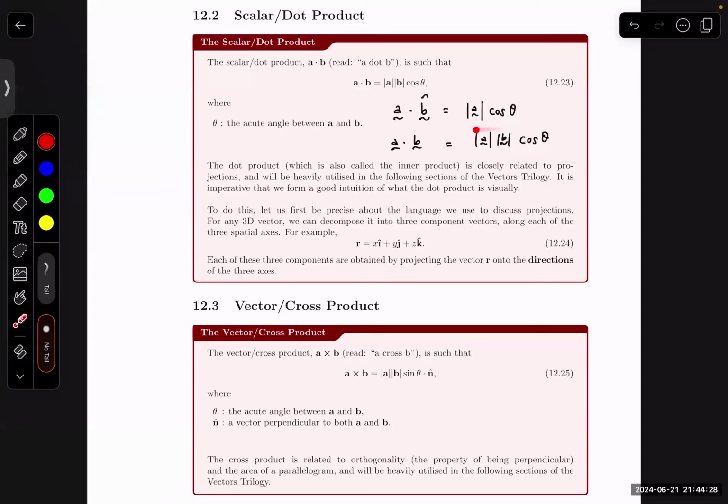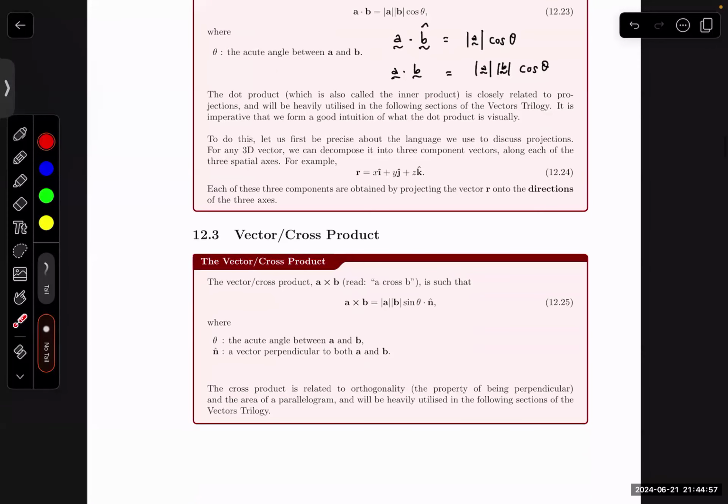This one is a formula that usually people memorize. It's not very helpful in terms of understanding. So I will use these two interchangeably. Just know that my way of explaining this is using the first way, but the second way is obtained just by multiplying the modulus over. So this is the dot product.